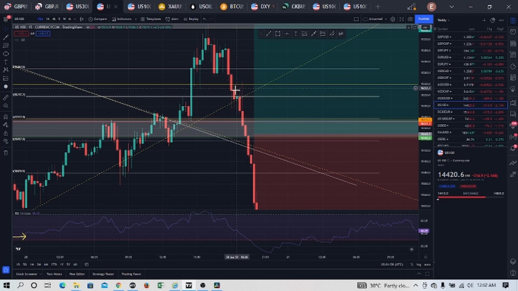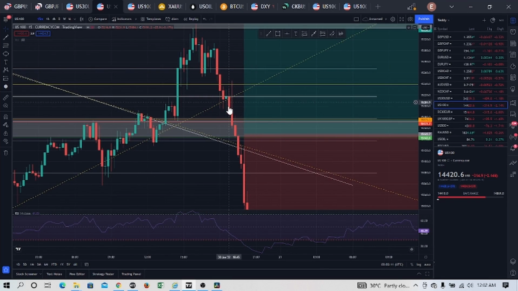So when I saw this, this looks like a spinning top, right? Yeah, spinning top. It's actually an indecision candle. So when I saw this, once I saw this rejection from here to here, I'm like, okay, this is the beginning of the bullish move. I quickly entered the trade right here.